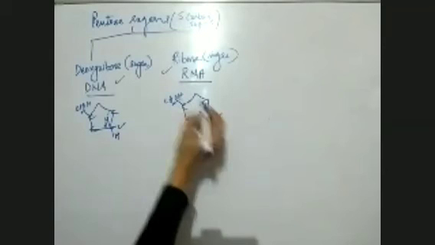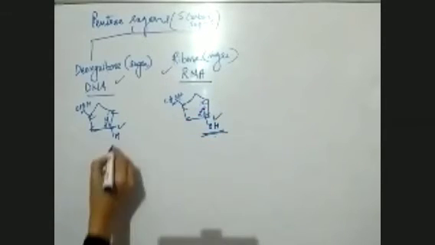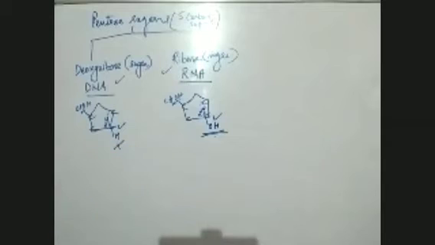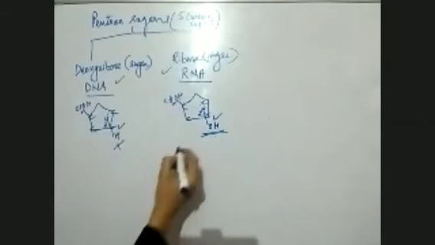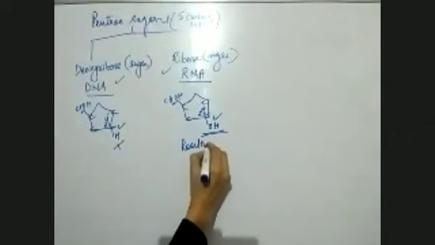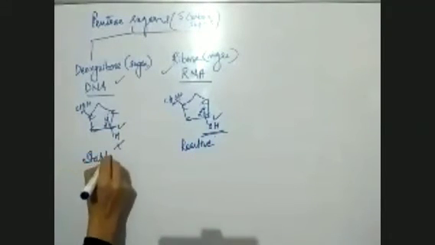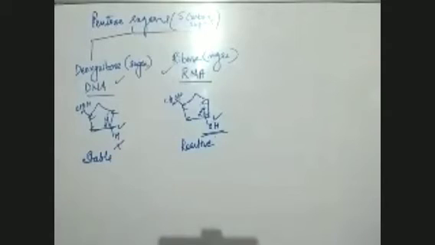But in the case of ribose sugar, H and this OH functional group is present, which is absent here. Because of the presence of this hydroxyl functional group, the ribose sugar is very reactive, whereas the presence of hydrogen makes deoxyribose stable.